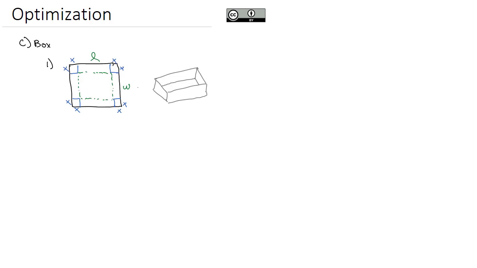When we cut out those x's, because an x has been cut out of both sides, there have been 2 x's cut out of the width. So it's the width minus 2x. And the length has 2 x's cut out of the length, so it's going to be the length minus 2x. And then the x that we cut is going to be the height of the box.